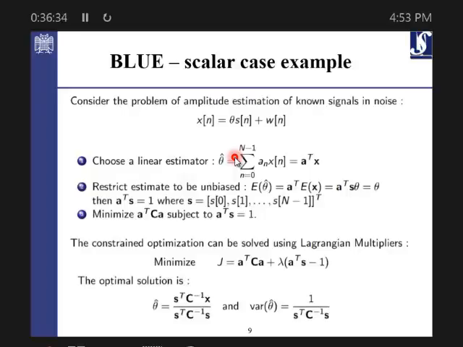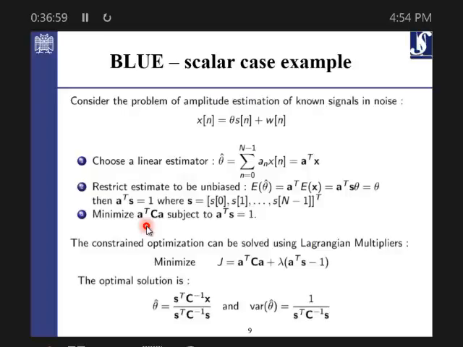Theta is unknown, but because we are taking the frequentist view, we can take theta out of the expectation. It becomes A transpose covariance of X times A, just A transpose CA. That's what should be minimized. It's also called the energy of the estimate.